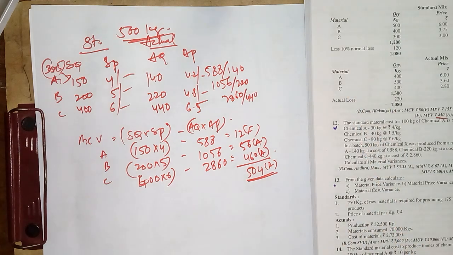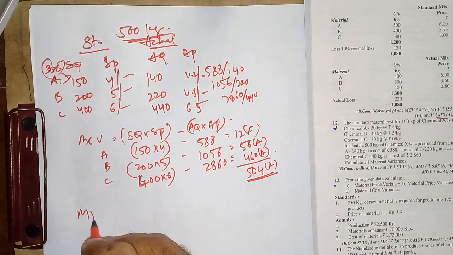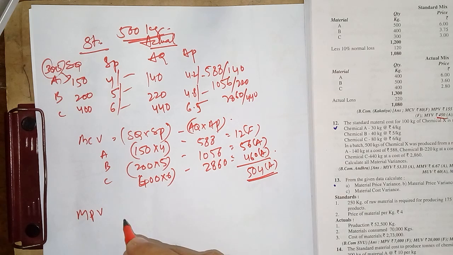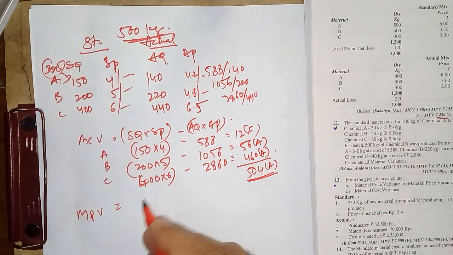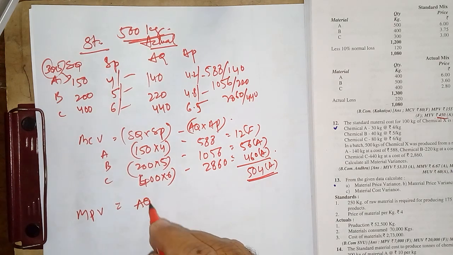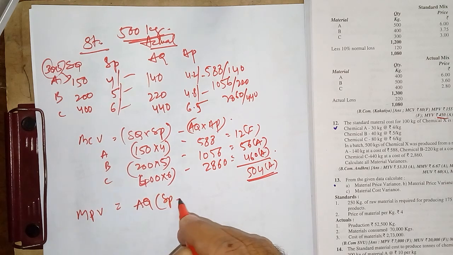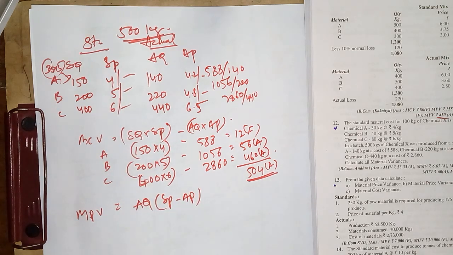Once you got MCV, then you can calculate MPV. MPV is equal to the difference between the prices multiplied with the actual quantity, SP minus AP.